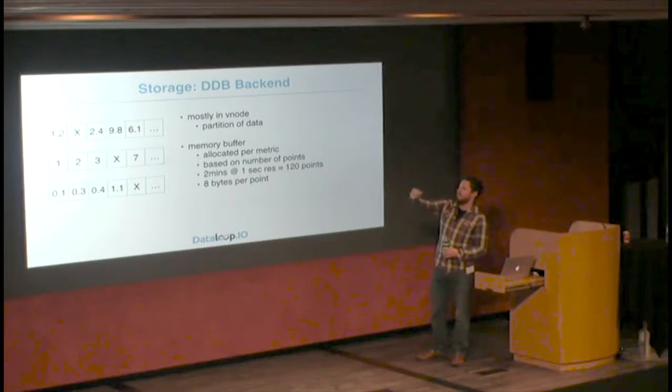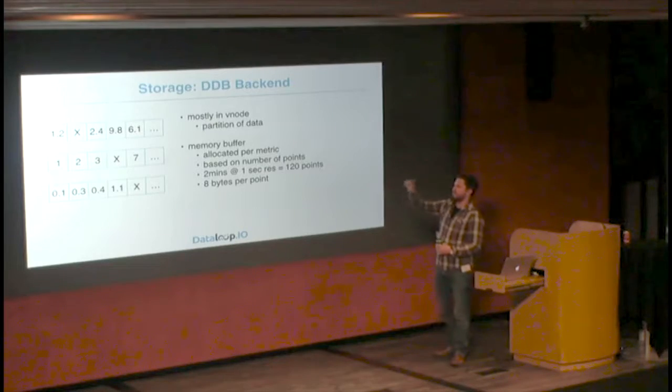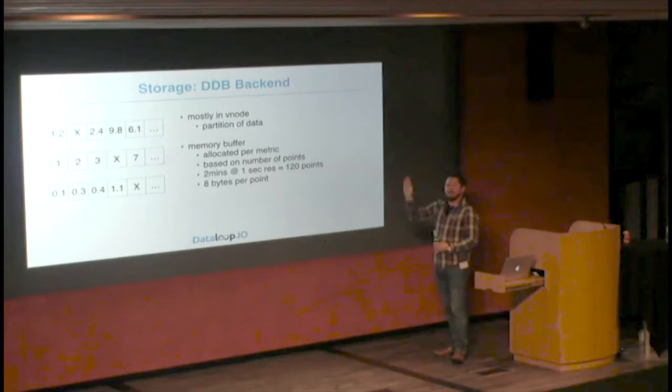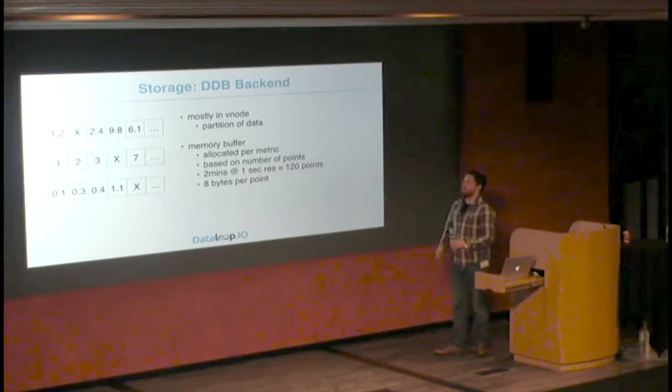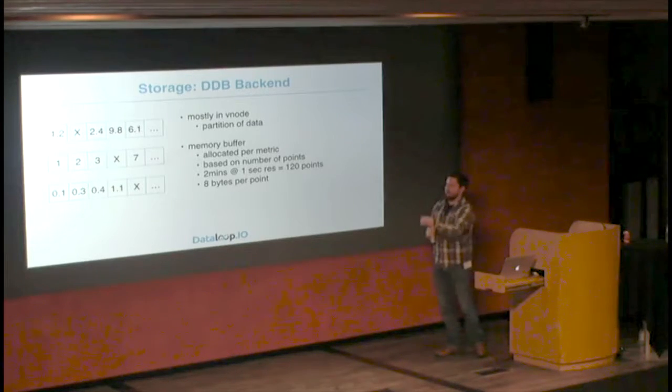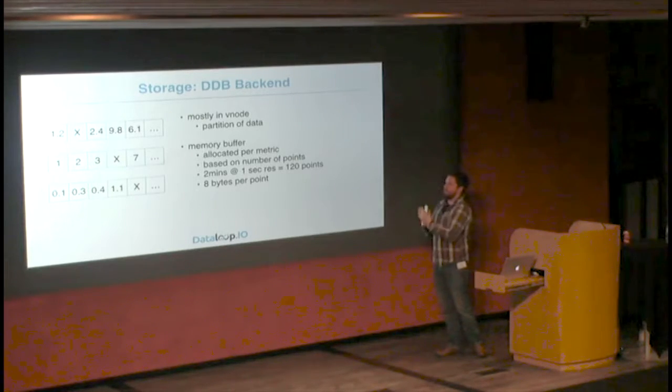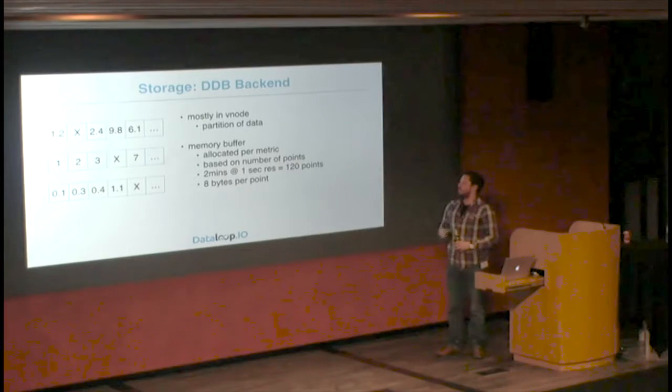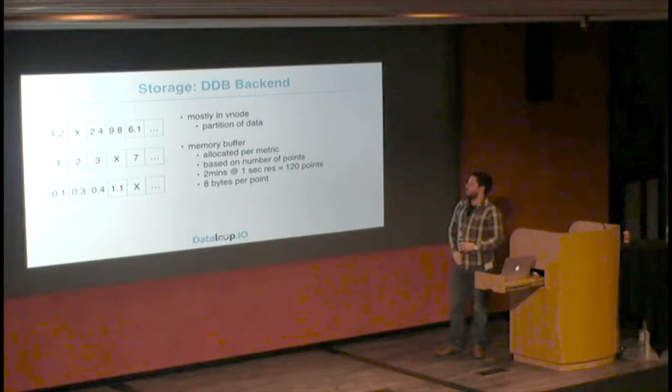Here on the top one, a 1.2 came in for a particular metric, then the next second nothing came in, the second after 2.4 came in. So it allocates that space anyway. And so it's really quick for it to do the lookups because it knows whereabouts to find the data. It's also using 8 bytes of storage per point.